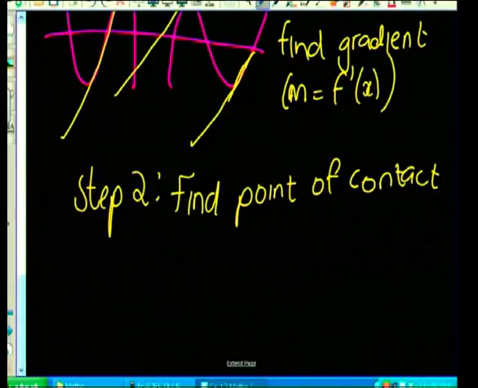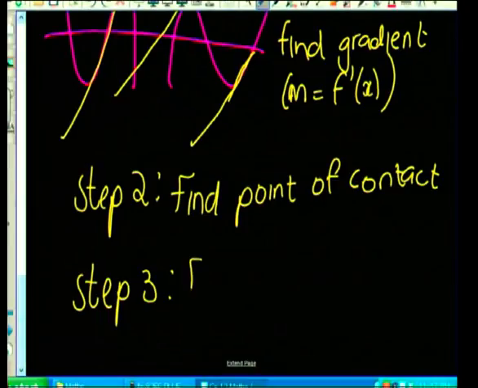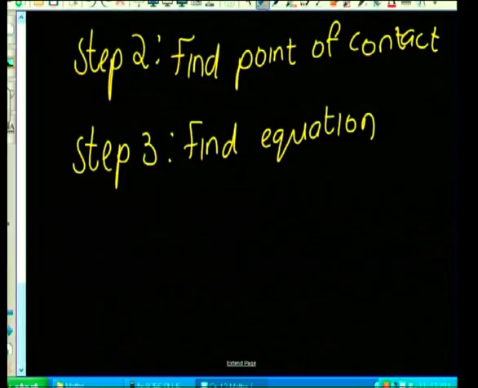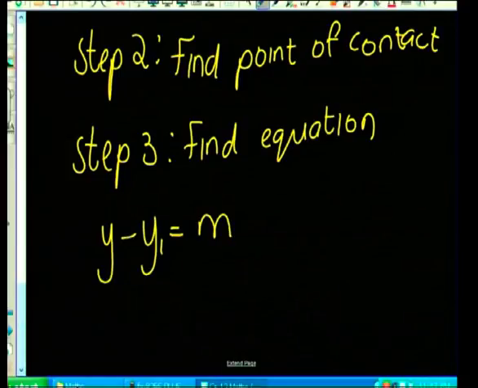And that we did by substituting your x that you were given into your original formula to get your y. Step 3, and the final step, was find the equation using y minus y1 is equal to m times x minus x1. And there. Now we've just laid down the foundation for calculus.